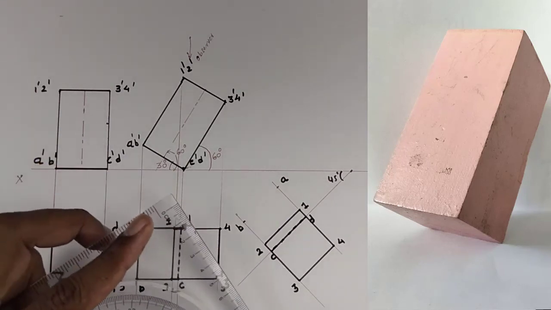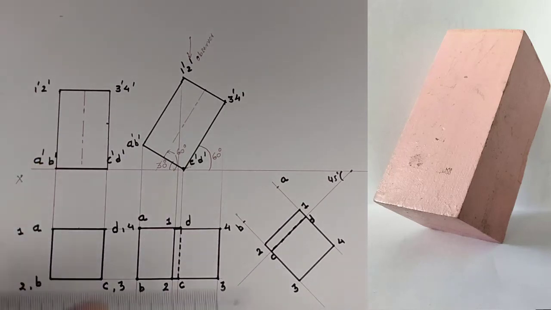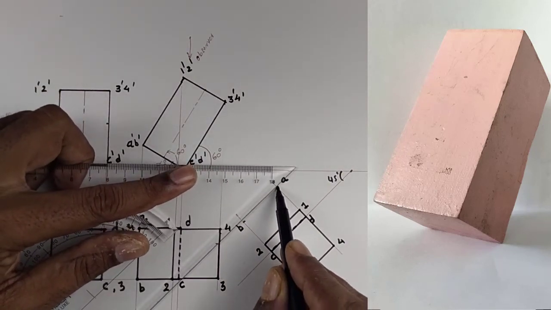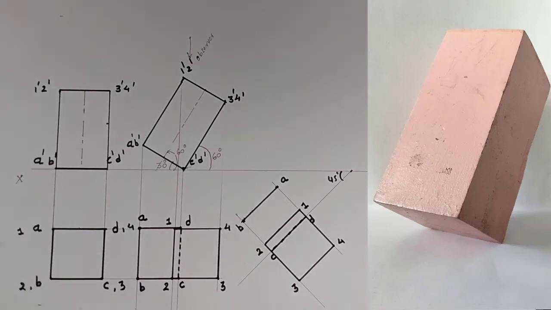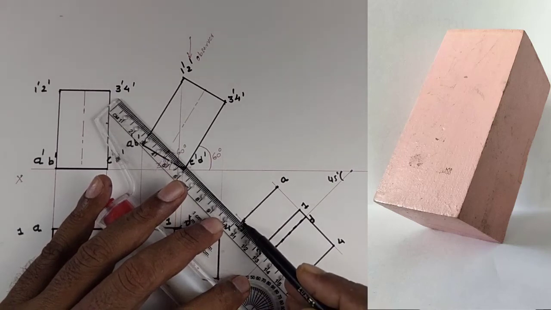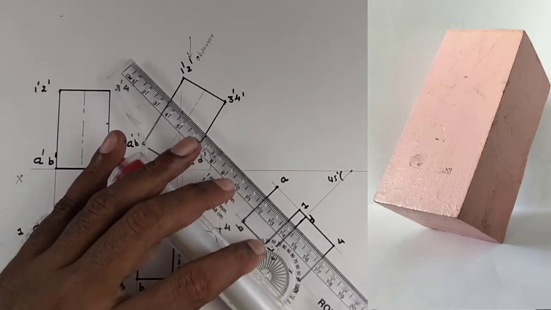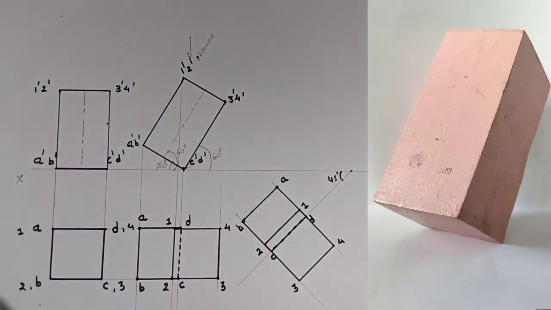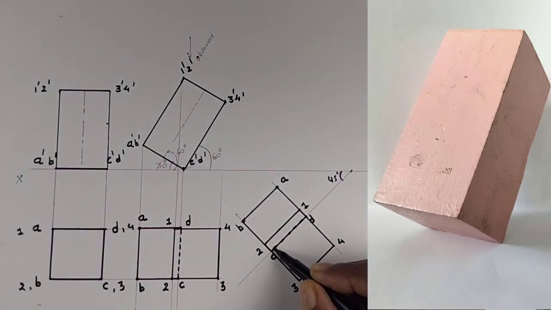Similarly, you can draw your lower base. So it is our AB, then BC, DA. This is our dotted line.